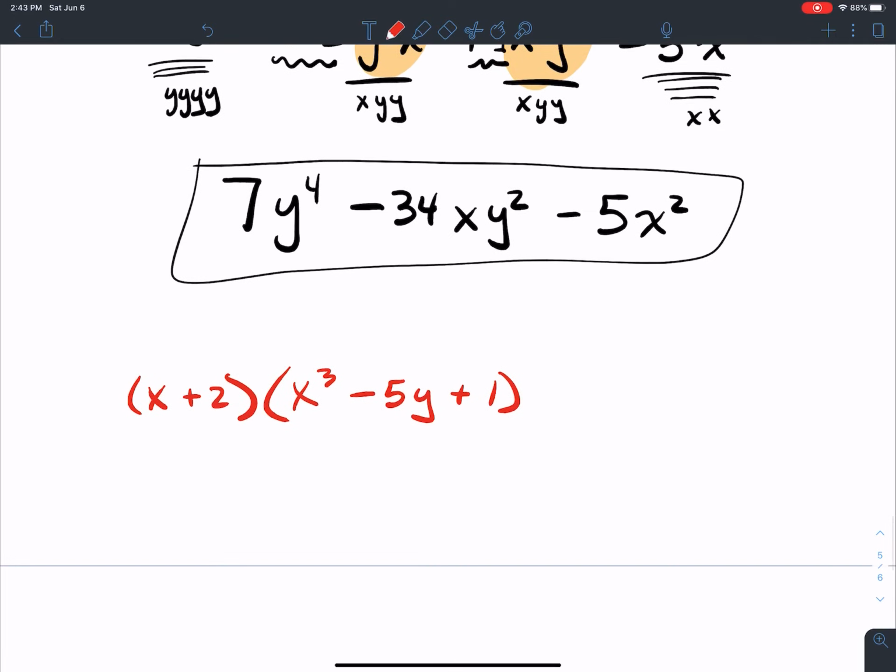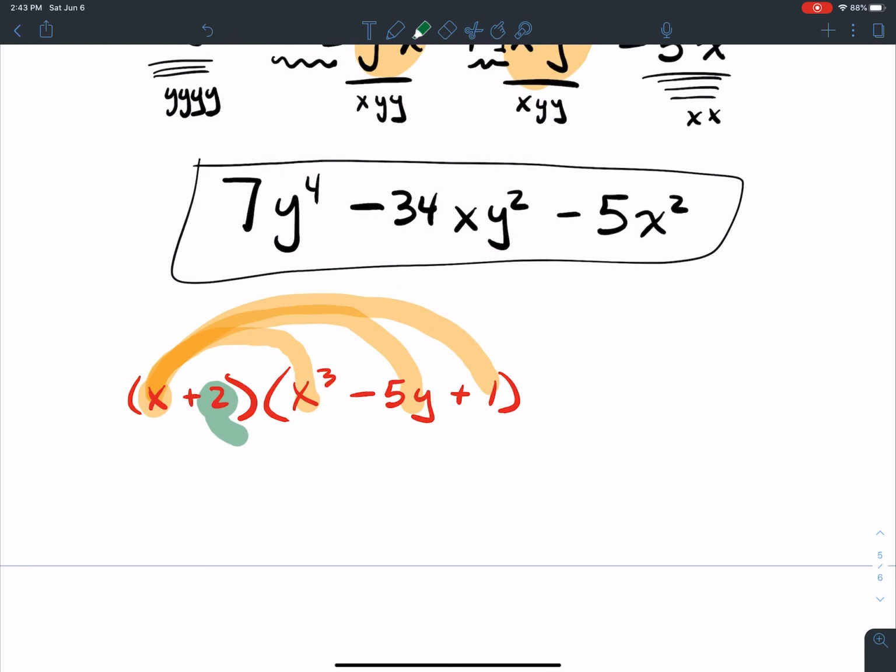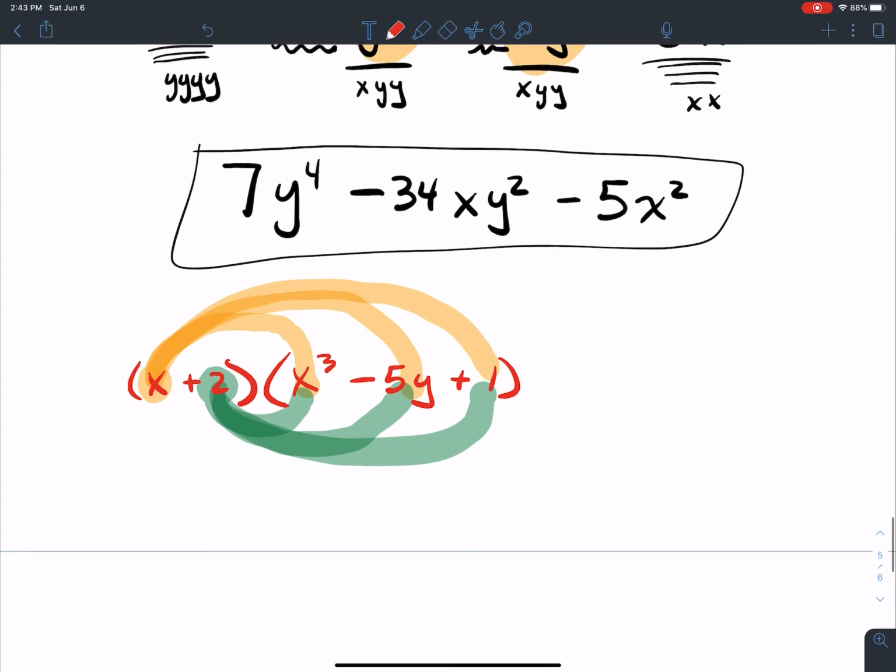So how would I do this? All right? So now what you would do is you would take this x value and you distribute to every term in here, just like you had before, right? And then you do the same thing for that 2. You distribute it into every term, and so you just multiply, and you're going to have to multiply it out a couple of times, right?